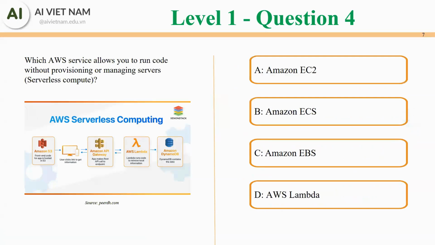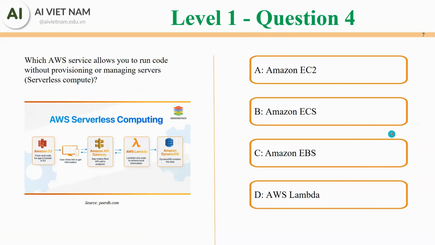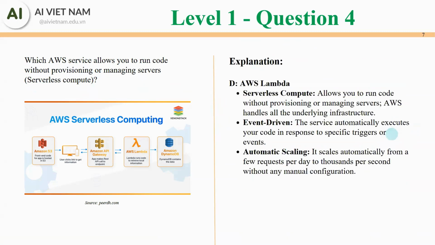Question 4. Which service allows you to run code without provisioning or managing servers, so-called serverless compute? We have our 4 options here, and our correct option is AWS Lambda. AWS Lambda allows you to run code without provisioning or managing servers.